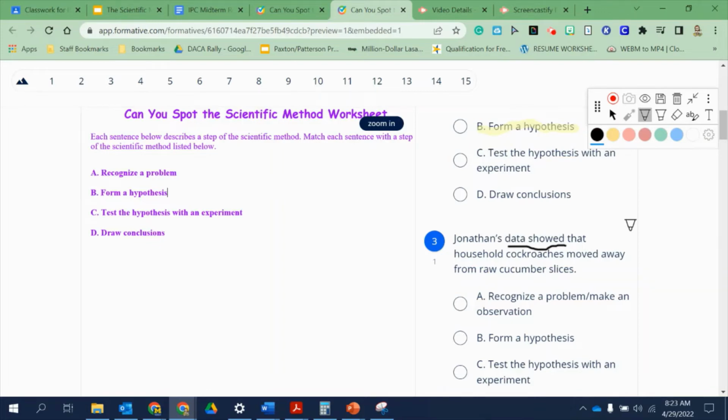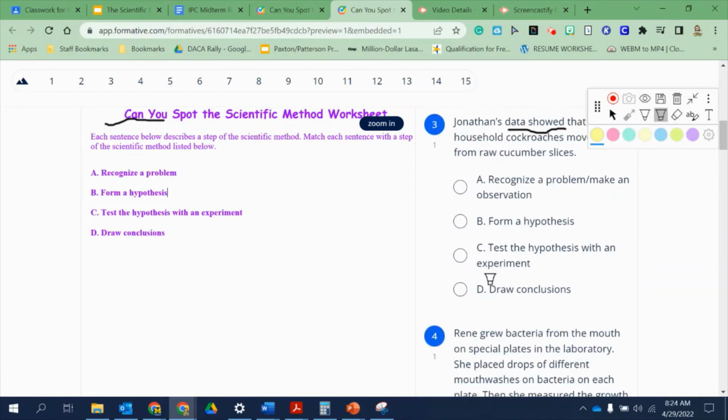So this shows that the experiment already passed, and there's only one thing that happens after the experiment, and that is draw a conclusion. So the data showed this, and the conclusion was that cockroaches move away from raw cucumber slices. I don't know if that's true, but that's interesting if it is. So this was drawing a conclusion, because he already did the experiment, and the data showed that they move away from raw cucumber slices.